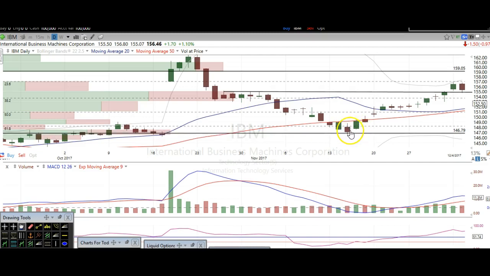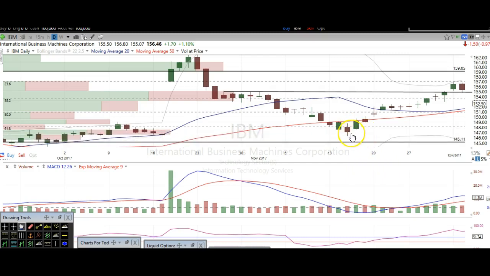You can see day 2 closed down here. All right, I'm just going to remove this line so I don't keep hitting it. So day 2 closed right here, and as you can see, there's a little gap right there between the close of day 2 and the open of day 3. All right, so it gapped up, plus it closed over the high of day 2.